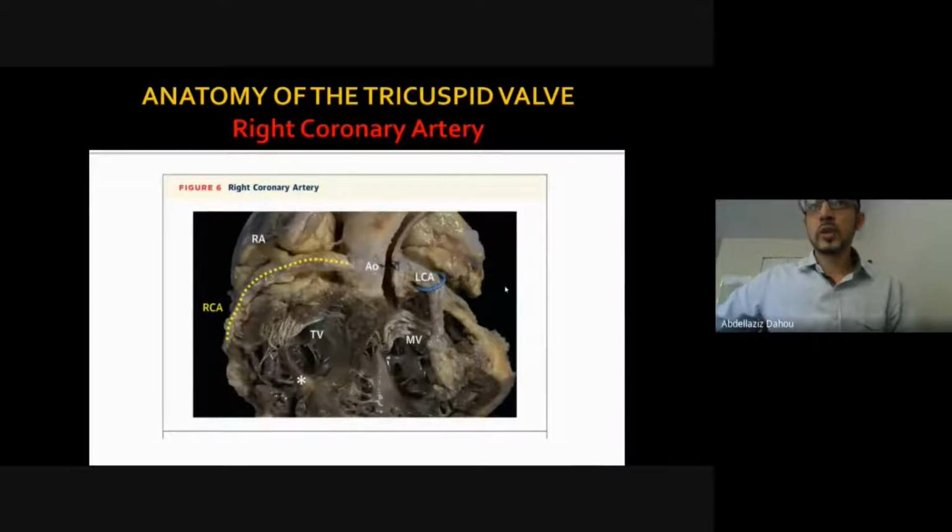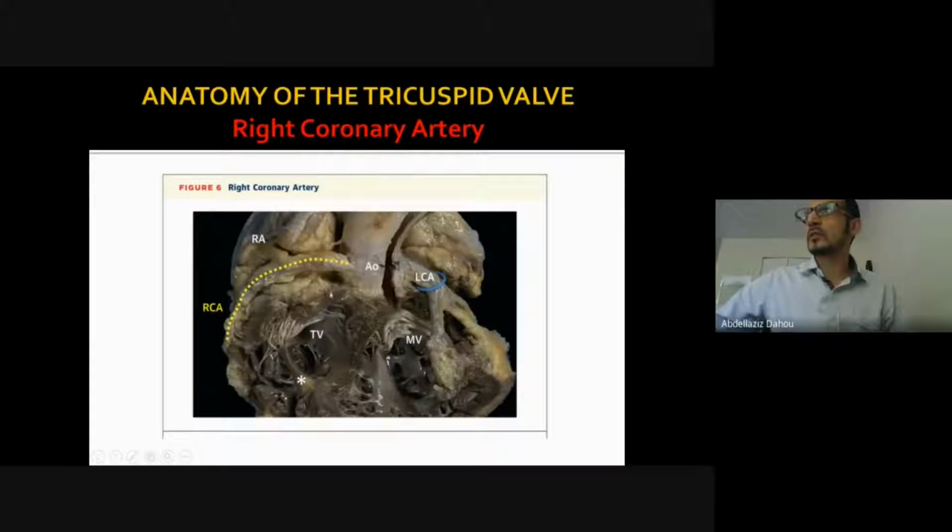One of the important structures when considering tricuspid repair using annular devices is the right coronary artery. And you see that the right coronary is close to the tricuspid annulus, surrounding the annulus, but mostly in the mid portion and the distal portion of the annulus.